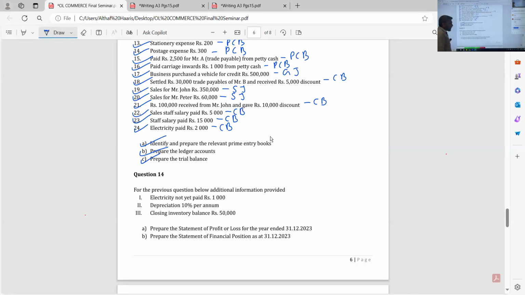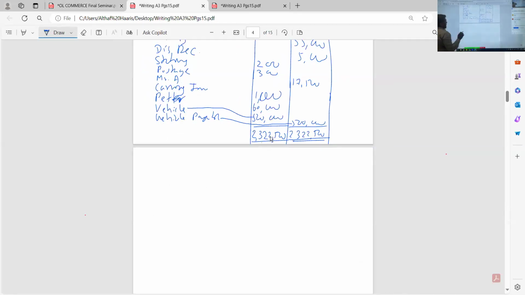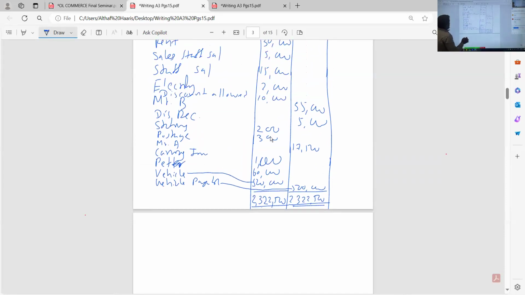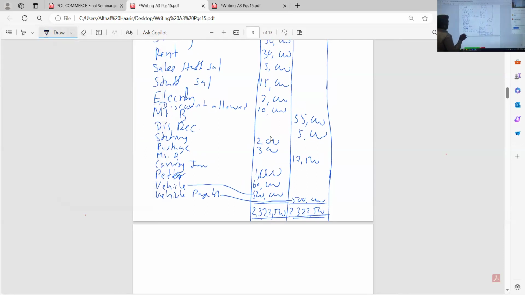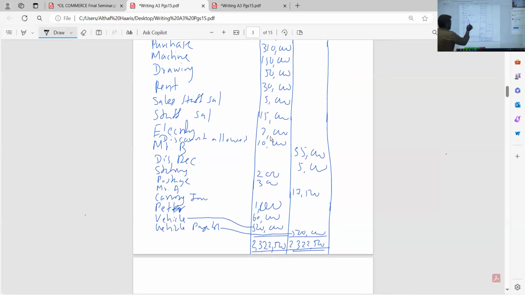Electricity not yet paid 1,000. Tell me the double entry. Electricity not yet paid: electricity debit, electricity payable credit. So let's do the entry. Do we have electricity in this question? Here we have.